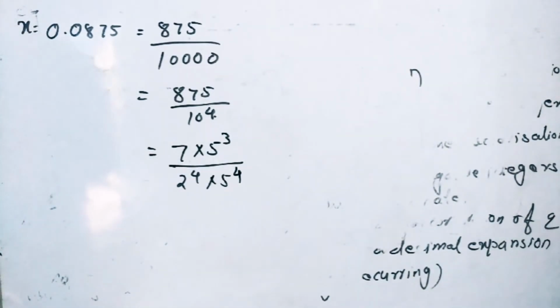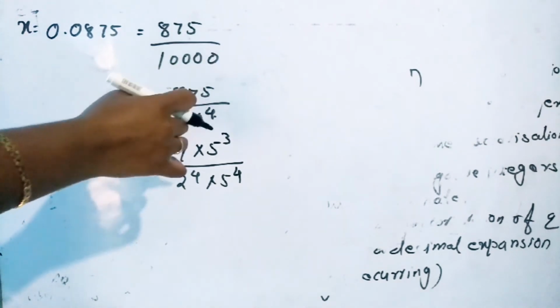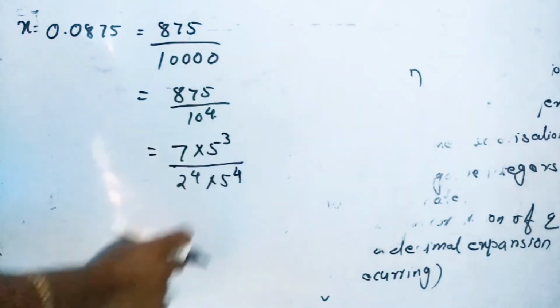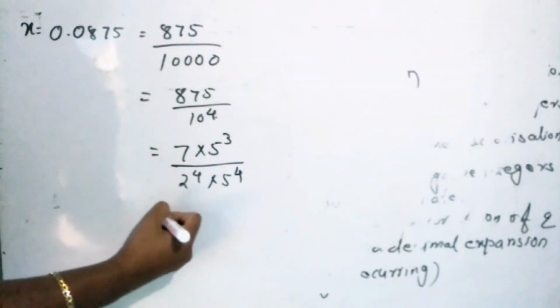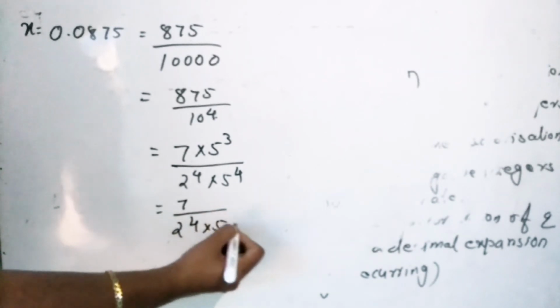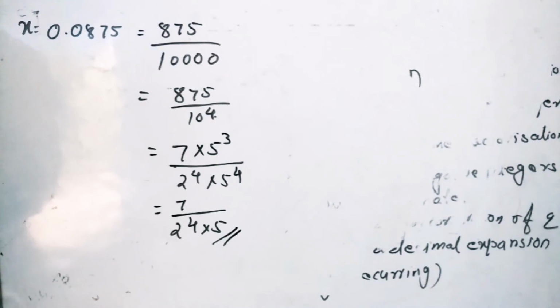So the first step, we can write any decimal expansion in this form. After that, factorize your numerator and denominator, and if there is any common factor, cancel it. 5 cube is common, so we can cancel it. So we get 7 divided by 2 raised to 4 into 5. This is the smallest form corresponding to our 0.0875.